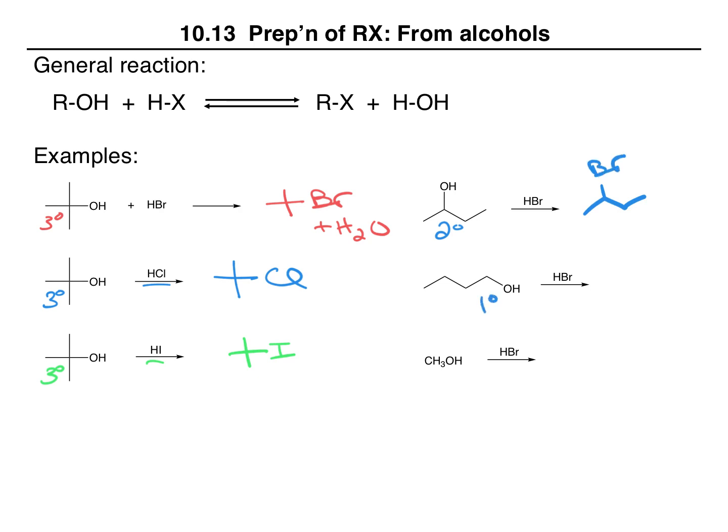Here we have a primary alcohol. This can be converted to a halide, and we can also use methanol and convert that to an alkyl halide as well. So here we can see that this reaction can be carried out with several different HX and on several different types of alcohols.